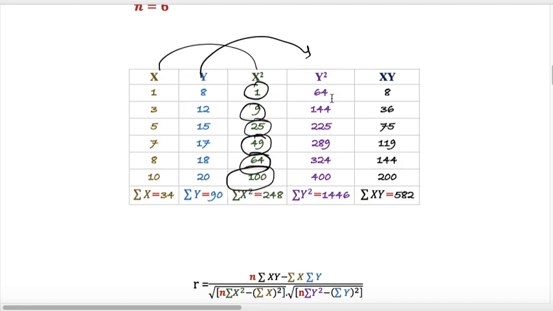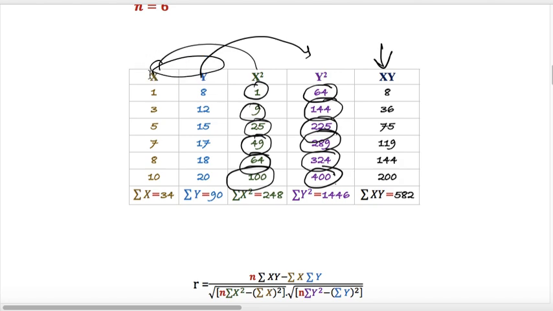In the same manner, y square: 8 square is 64, 12 is 144, 15 is 225, 17 is 289, 18 is 324, 20 is 400. Now we can take the product of x and y: 8, then 3 into 12 is 36, 5 into 15 is 75, 7 into 17 is 119, 8 into 18 is 144, and 10 into 20 is 200.